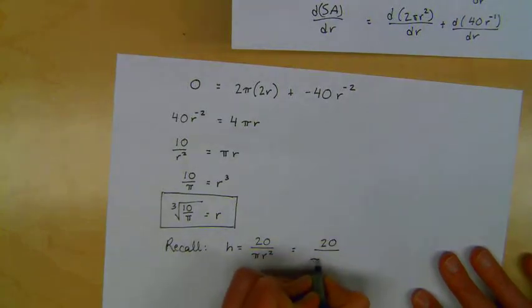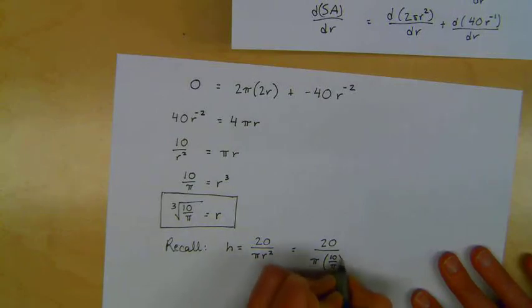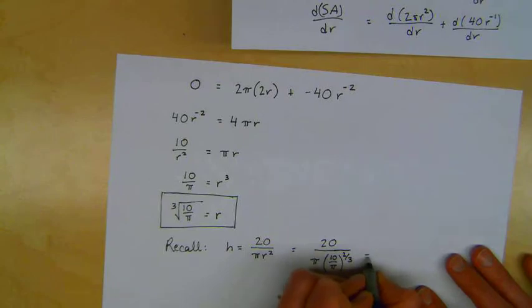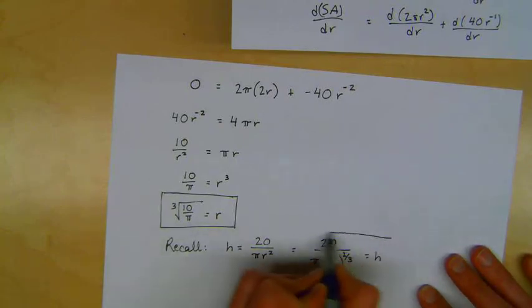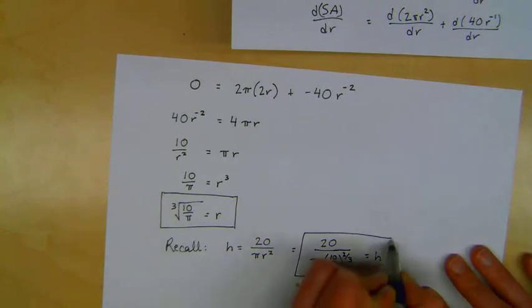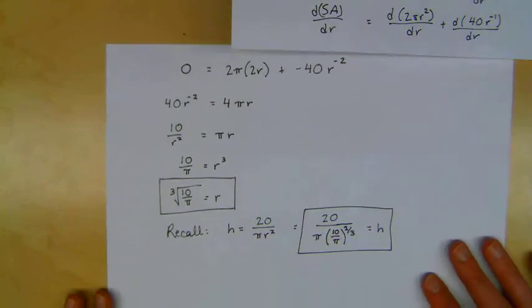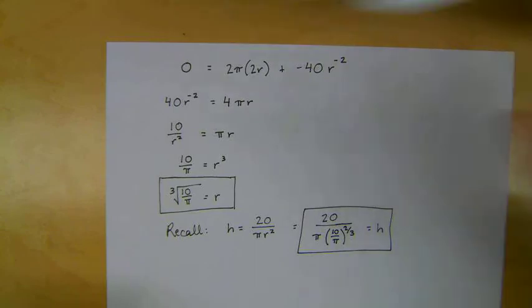That means our h value is going to be 20 divided by pi times 10 divided by pi, all to the 2/3. And if I wanted to put this into a calculator, I could come up with a decimal approximation. I'm going to leave this as the messy exact value, leaving this radical in the denominator because I don't care about radicals in the denominator.